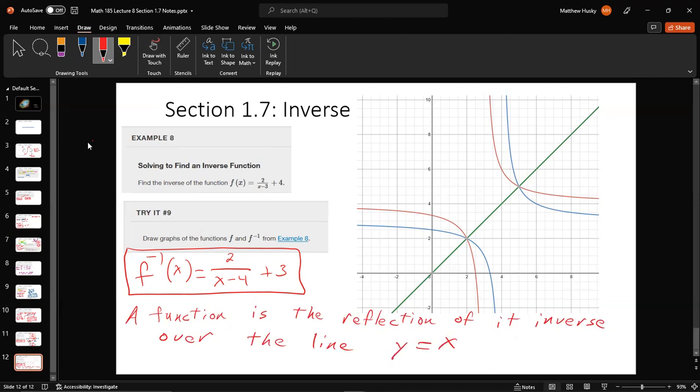So that's the big takeaway for this. If you graph a function and its inverse, they will be mirror images of each other across that diagonal line.